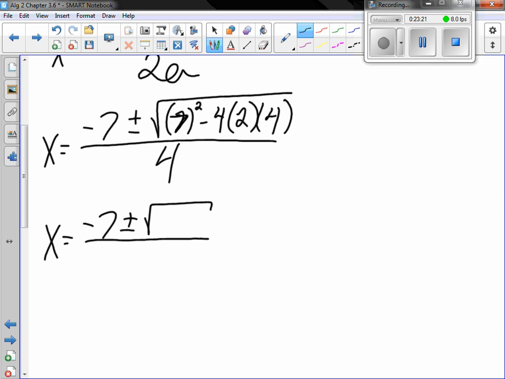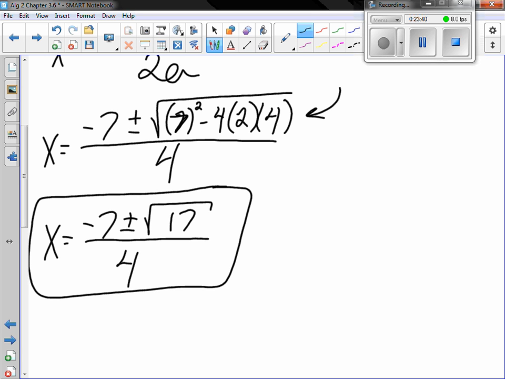Now we would simplify what's inside here. Can we simplify the square root of 17? No, it's prime. And there are no common factors, so there's our answer. That's all we have to do for this here, because we can split it up into 2 separate equations. But that's it. That's the only thing we can do.